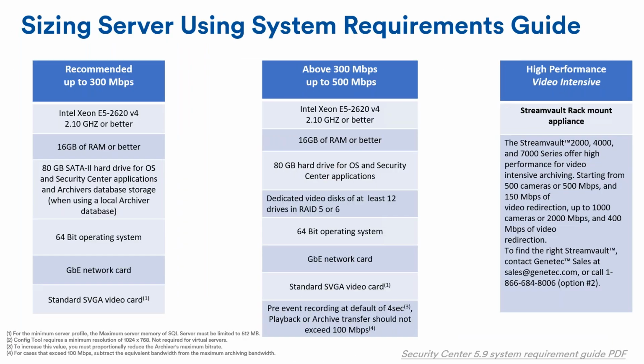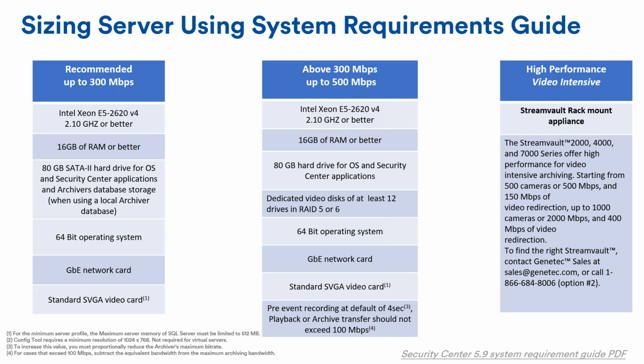If you were sizing a server for an installation environment, you could use this table to give you an overview of how you would build your own server. For example, under the recommended server specs, you have an Intel Xeon server, an E5-2620 with 16 gig of RAM and up to 80 gigabytes of SATA for storing the operating system.